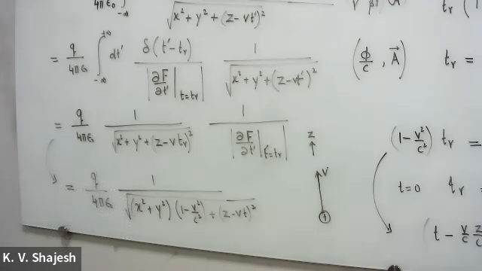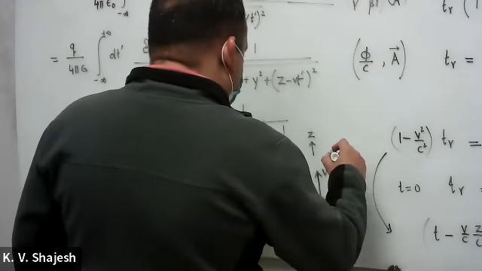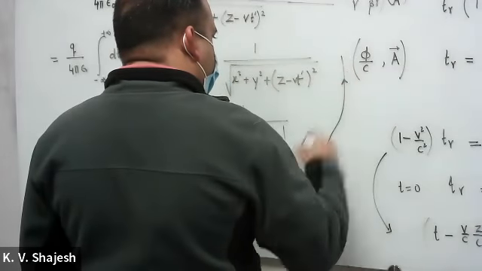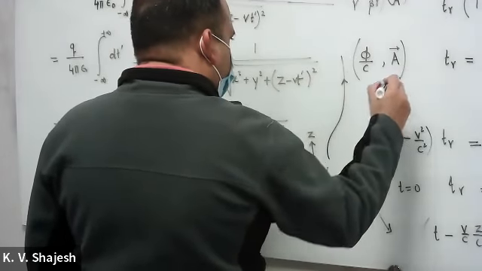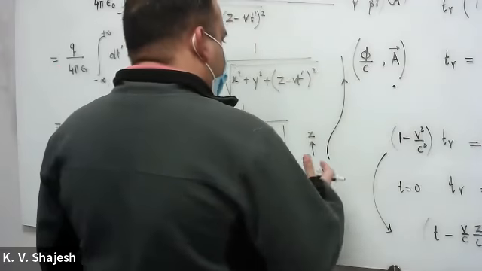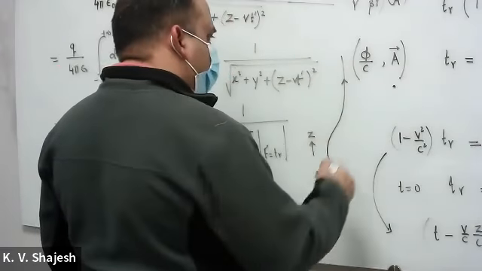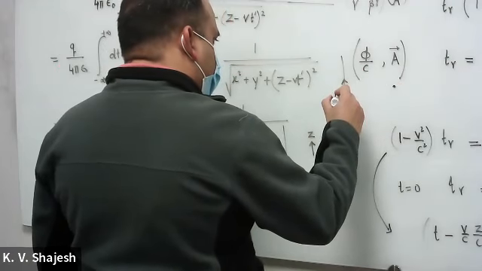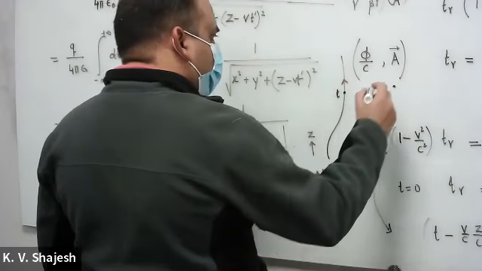So let me see. For example, if you have a particle going this way in an arbitrary path, that's your observation point. We know this trajectory, the electric field. So at time t, this particle is here.